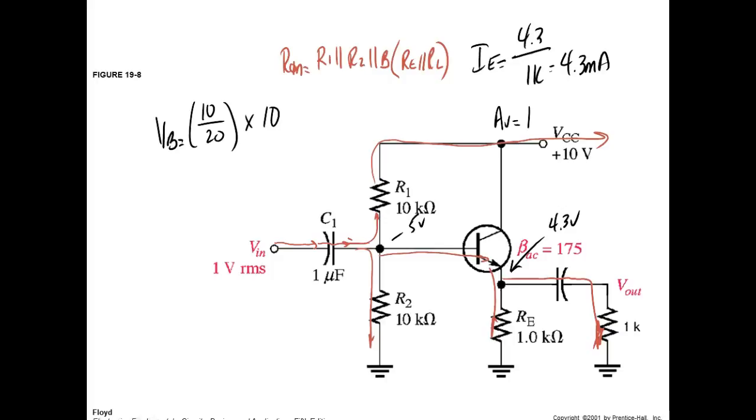So what we probably need to do is solve for this guy here first. And y'all can do this. You've got to show your math, but so that's 1K in parallel with 1K. What's 1K in parallel with 1K?